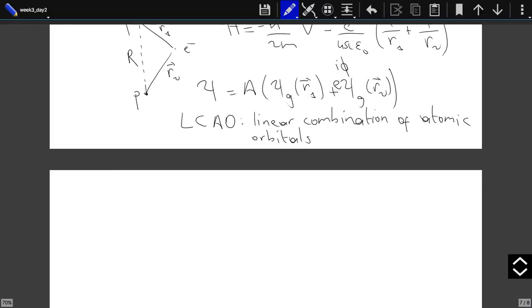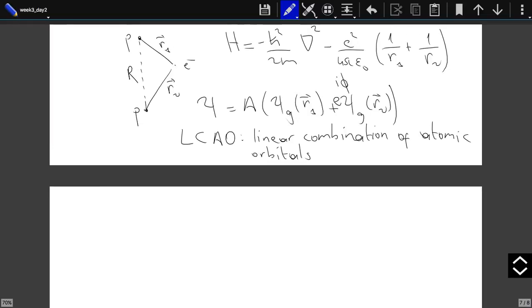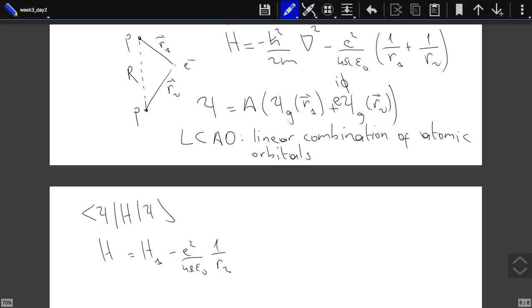Now, the first thing, of course, you have to calculate the expectation value of the Hamiltonian in this wave function, psi H psi. Let's first rewrite H as H1 minus e squared over 4 pi epsilon 0 times 1 over R2.